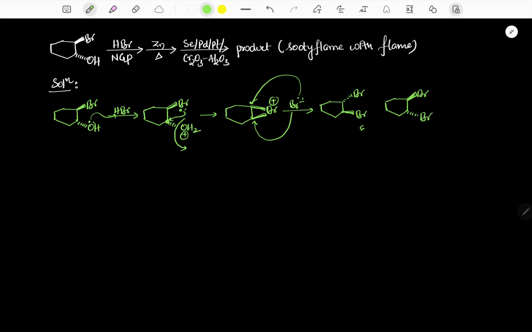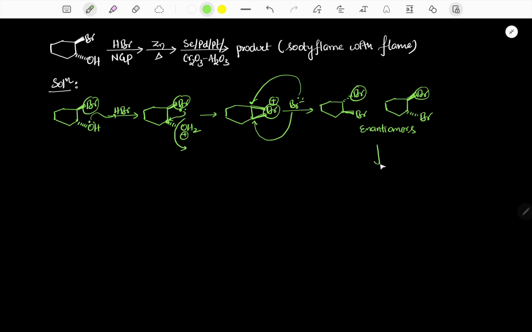These two compounds are enantiomers. So this entire mechanism is neighboring group participation, that means this bromine is also involved in the reaction.